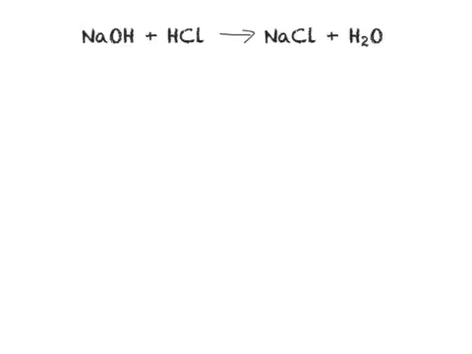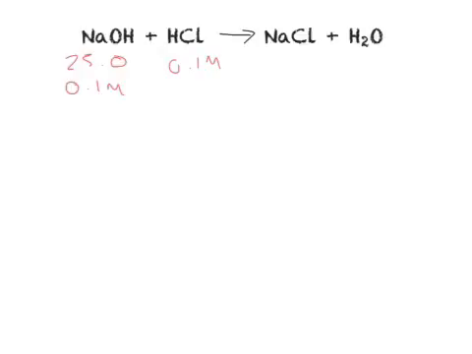In this neutralisation reaction between sodium hydroxide and hydrochloric acid, you could add 0.1 molar hydrochloric acid from a burette to 25 centimetres cubed of sodium hydroxide that you'd have pipetted, with a concentration of 0.1 moles.